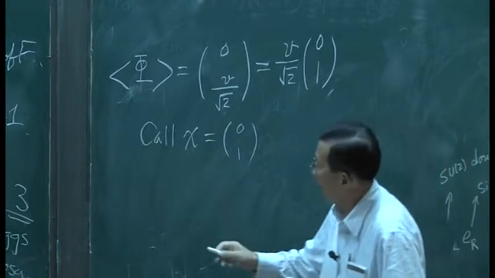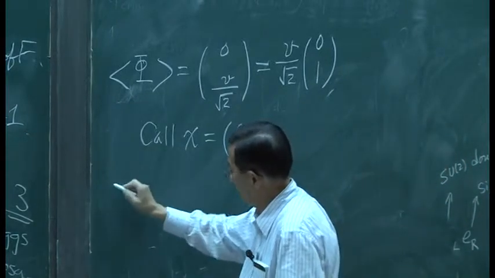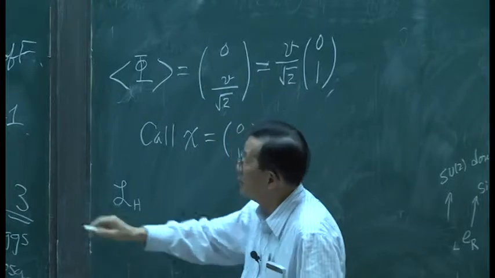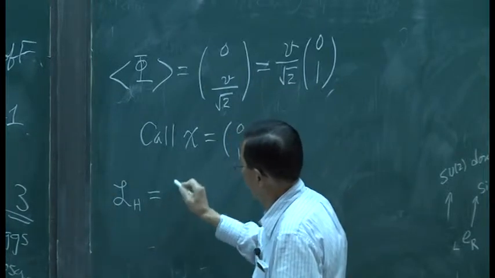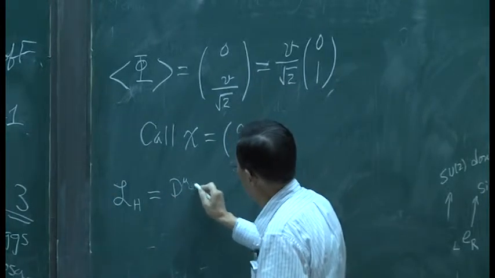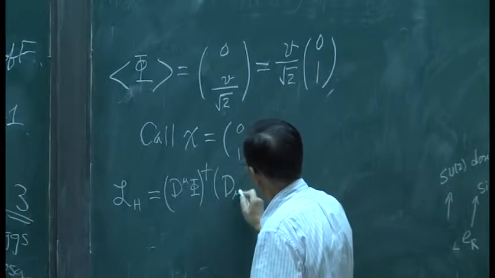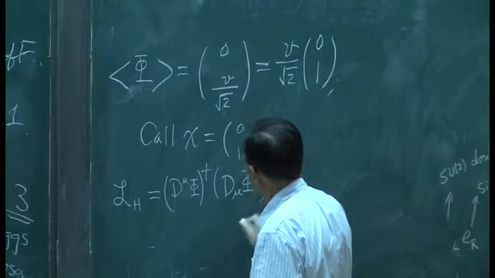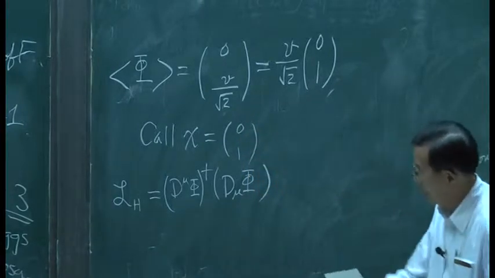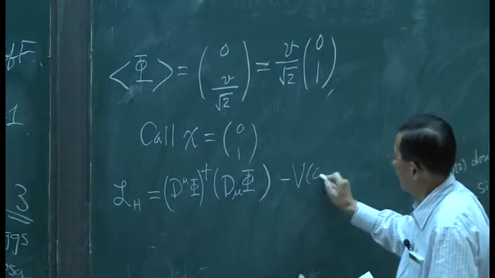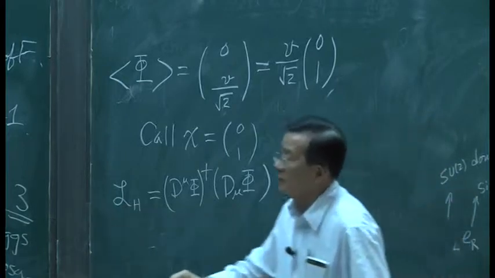Then the Lagrangian for the scalar doublet will be equal to D_mu phi, like this, and then minus V of phi, and the V of phi is given by this picture.